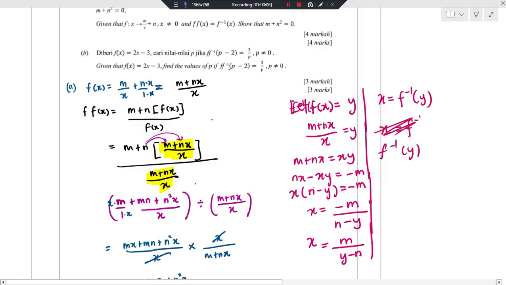Nampak? Dalam situasi macam tu pun cikgu boleh tulis. Jangan lupa. Okay, so this is what you get from your equation 1 and this is what you get from equation 2 lah.